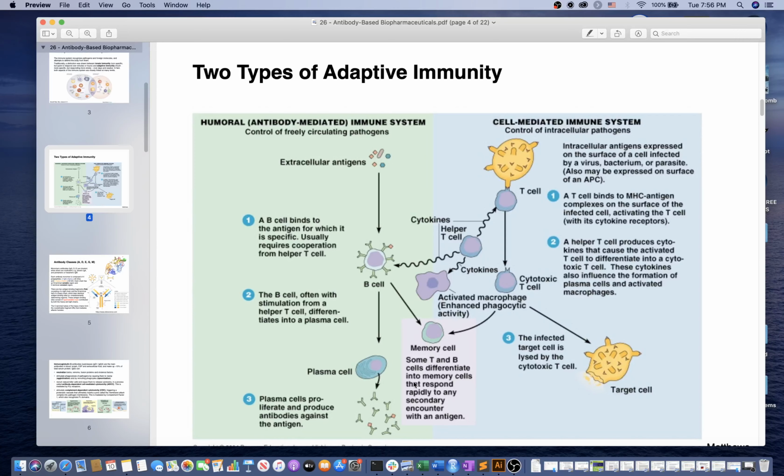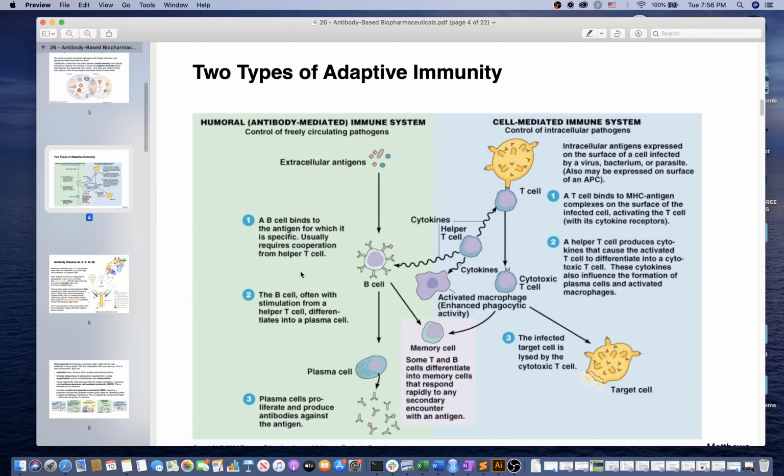entering the cell. So you're targeting the virus itself by these antibodies. But this is when the virus stuff has something expressed on the cell surface, then the T cell can recognize those receptors on your cell.